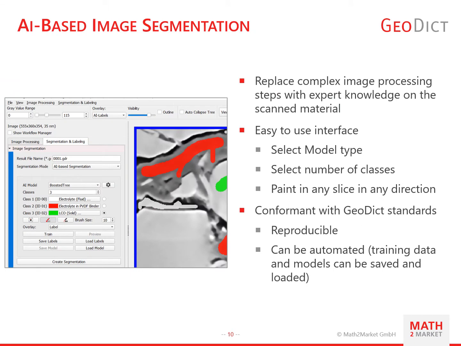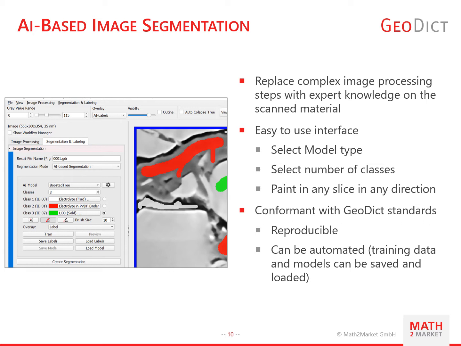The next thing that we added and that I want to highlight here is the AI-based image segmentation that Eric already introduced earlier. The method is probably known to most of you, as it is widely used nowadays, and we implemented our version of that with the goal to make it as easy to use as possible. Basically, what we have learned until now is that with the AI-based segmentation, you can get rid of complex image processing steps and replace them with expert knowledge on what you are looking at.